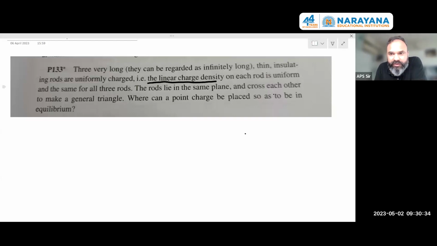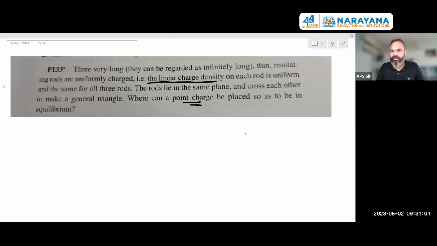The linear charge density on each rod is uniform, and the three rods lie in the same plane and cross each other to make a general triangle. We are in gravity-free space, let's say, so there is no other field other than the electrostatic field. So the question is, where can a point charge be placed so as to be in equilibrium?